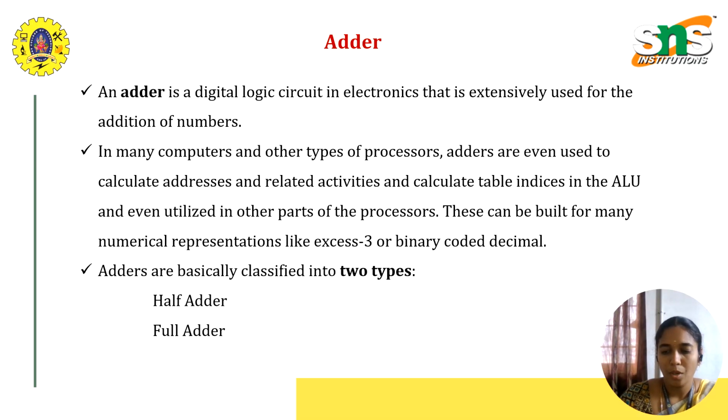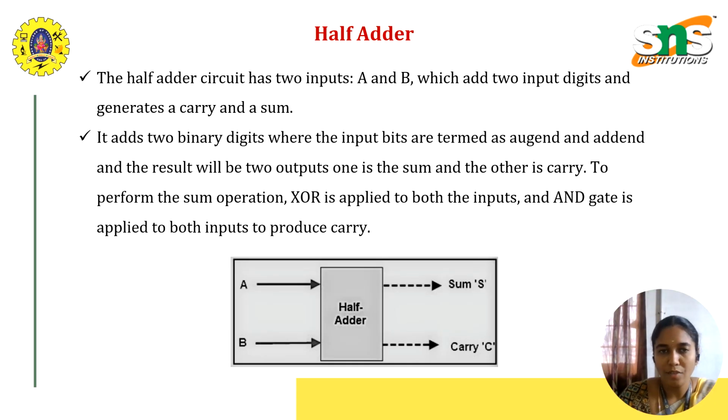So this is the procedure for the combinational logic circuit. Now, the half adder. The half adder circuit has two inputs, A and B, which are called two variables. It adds two input digits and generates two outputs, sum and carry, mentioned as S and C in the figure.